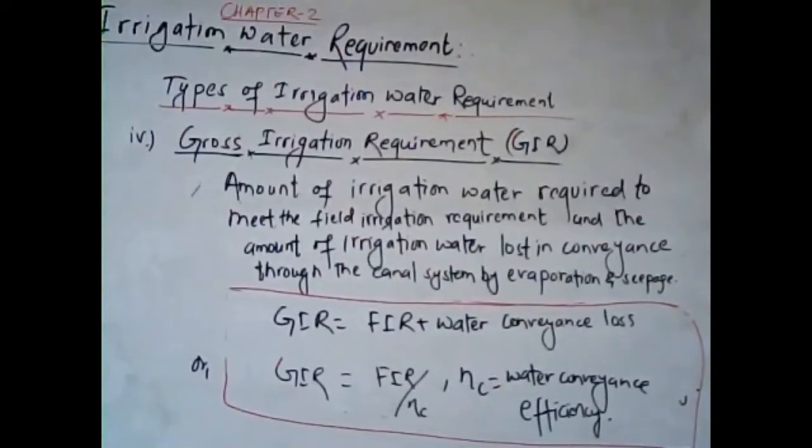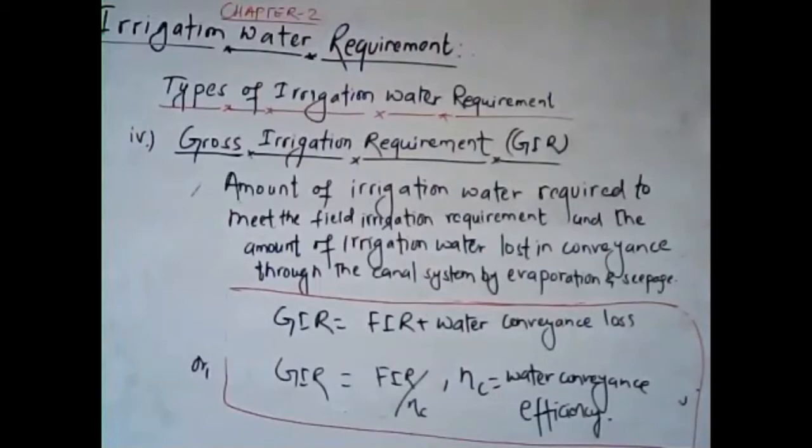As we also dealt with in the previous session, the water through the canal is mainly lost by seepage through percolation and absorption, and by evaporation, which accounts for about 2 to 3% of total losses. So through the irrigation channel, water is lost, and to compensate this loss as well as the losses through the field irrigation requirement, the overall water requirement is needed, that is known as gross irrigation water requirement, GIR.